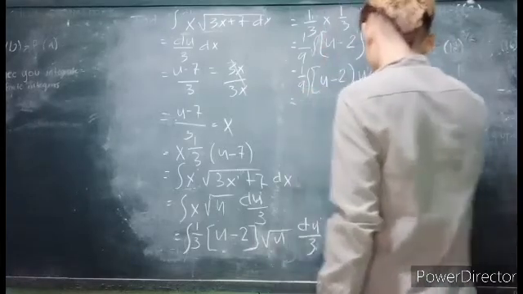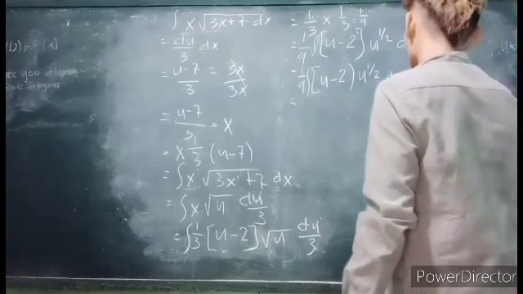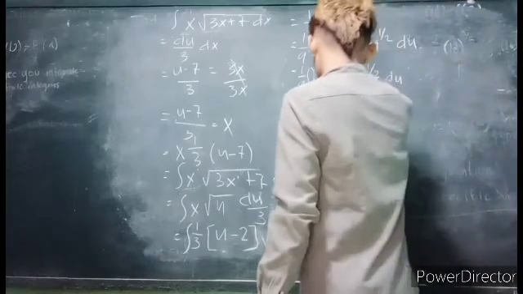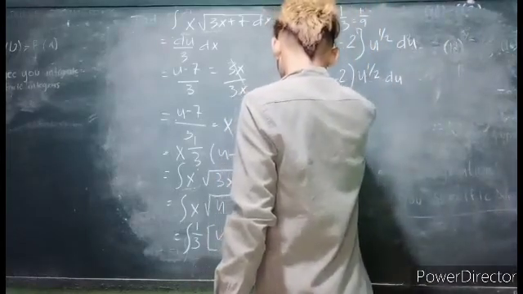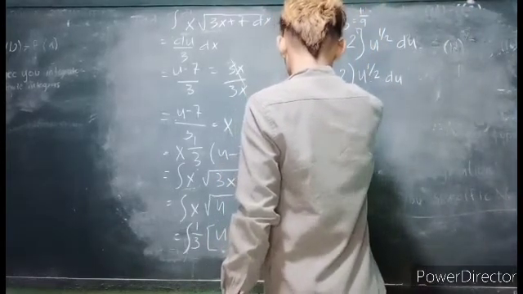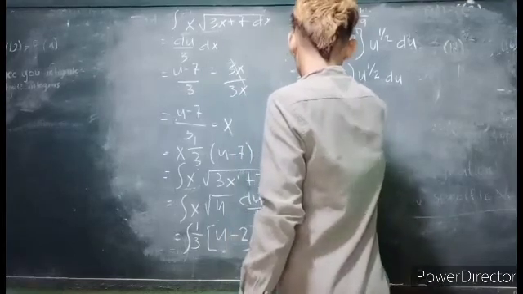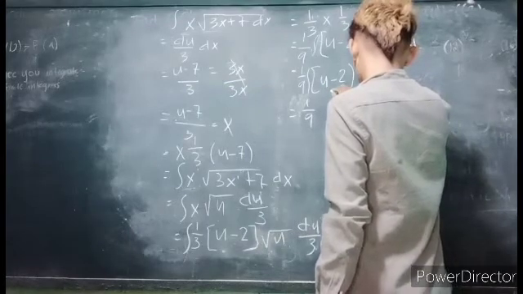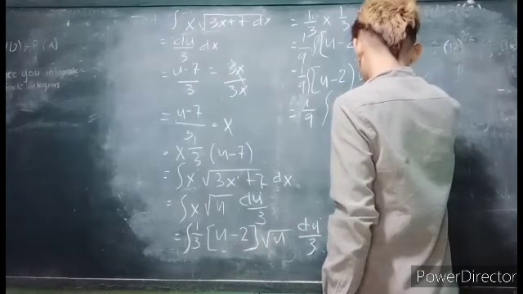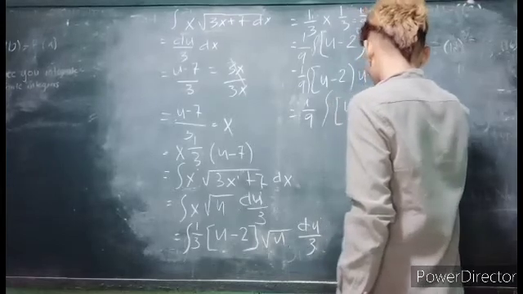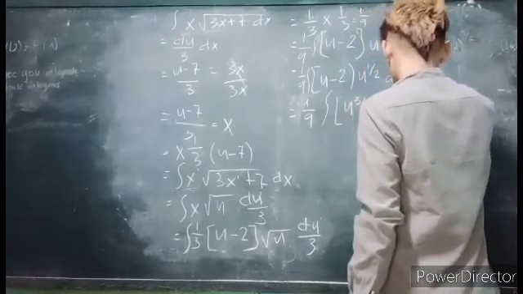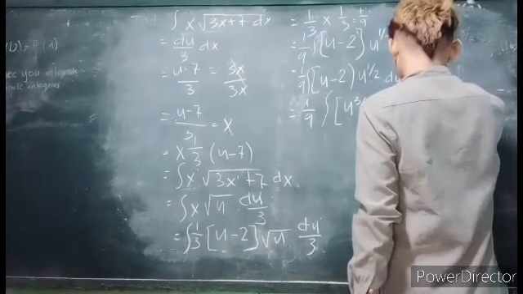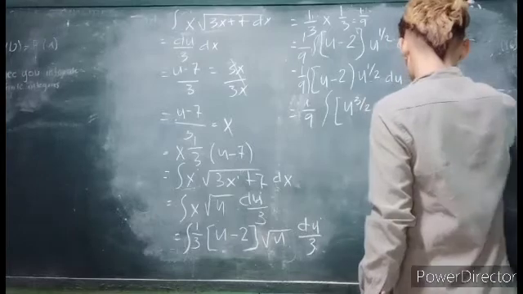That's negative 2 u raised to 1/2. So we get 19 times u to the 3/2 minus 2u to the 1/2 du.